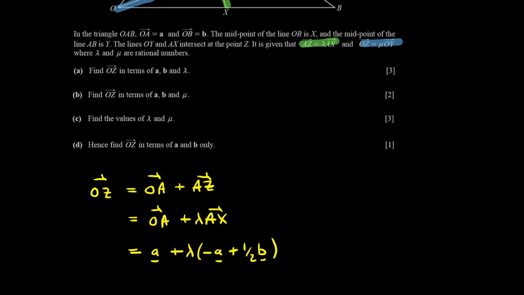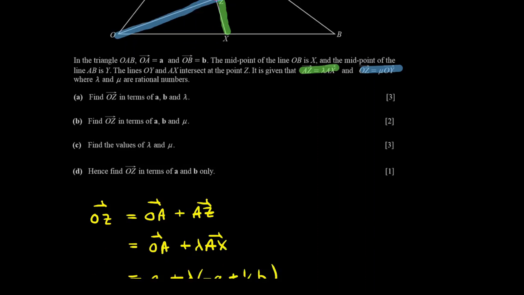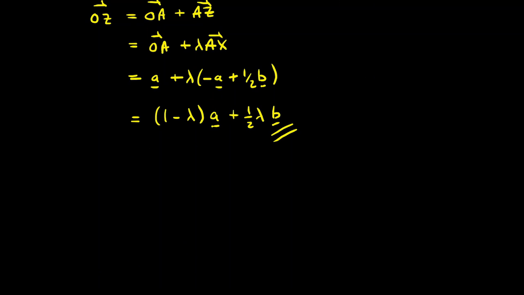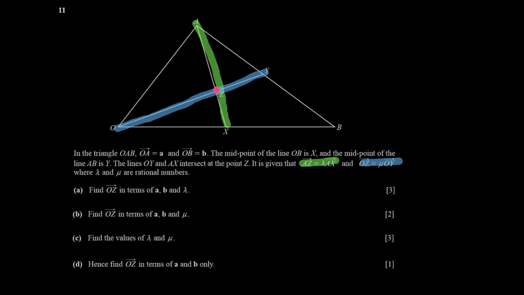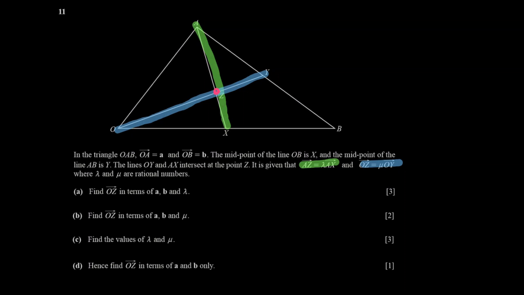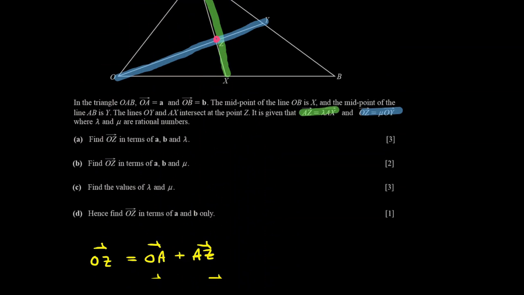Second part, we want to define the same vector OZ, but this time in terms of the blue line. So we're going to go in that direction there. We can say that OZ could also be defined as mu times the vector OY, because that's that blue thing here. So mu OY. Then we've got to find out what the vector OY is. How are we going to find it?